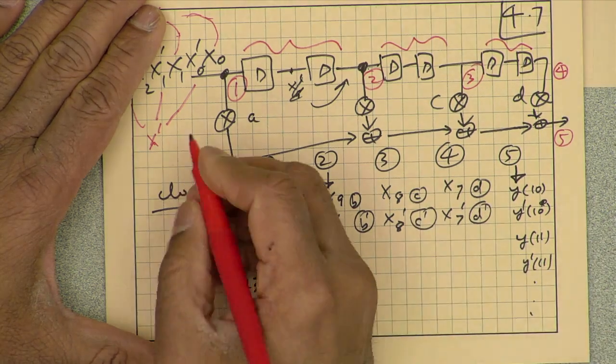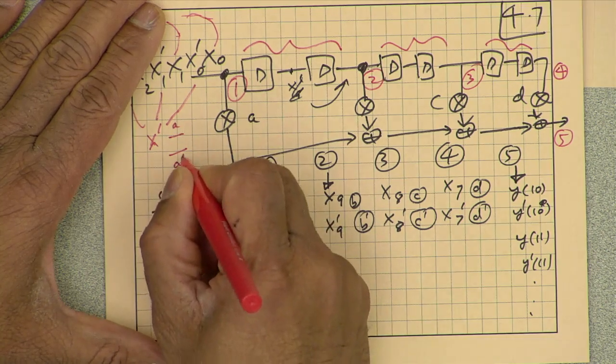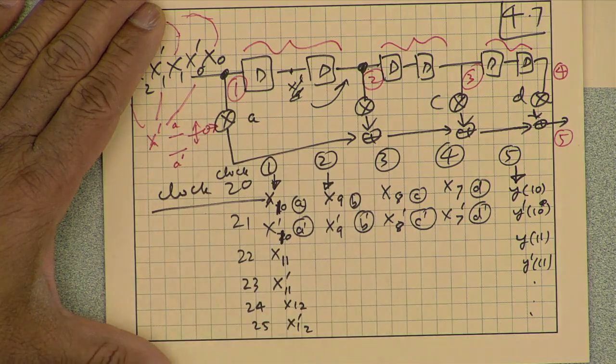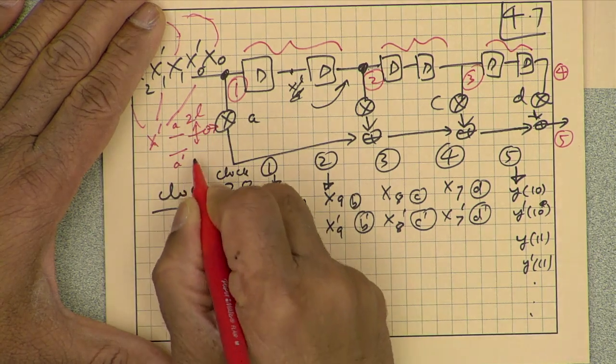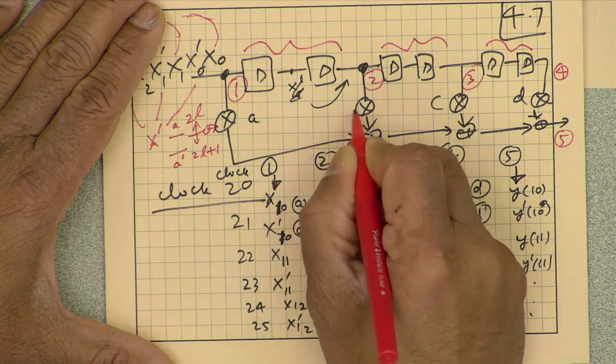So, in other words, I can have a multiplexer here that takes A and A prime, feeding into the multiplication input such that A is fed in the even clock cycles and A prime is fed in the odd clock cycles.